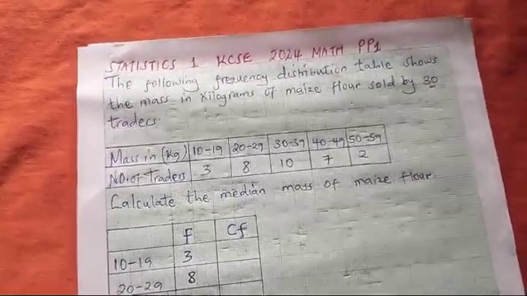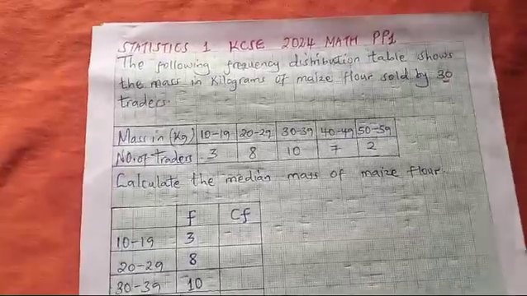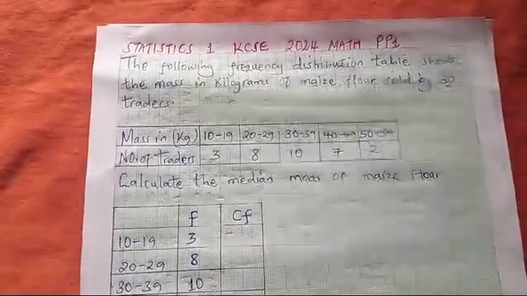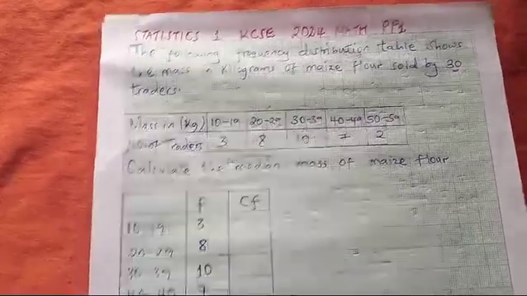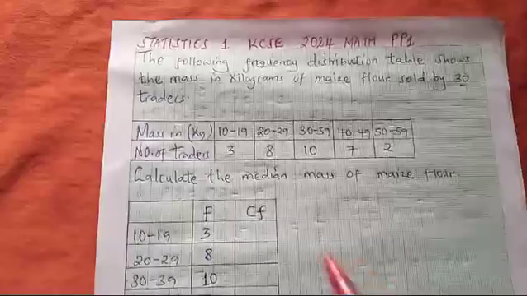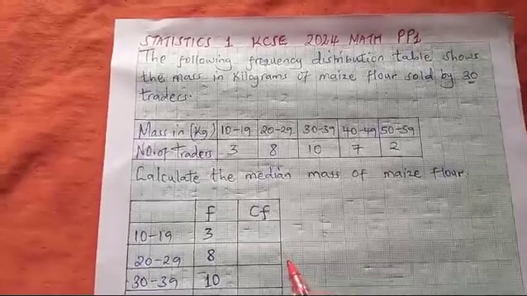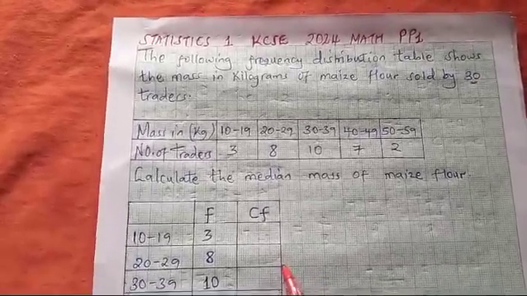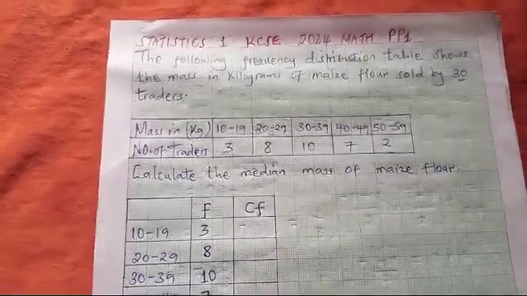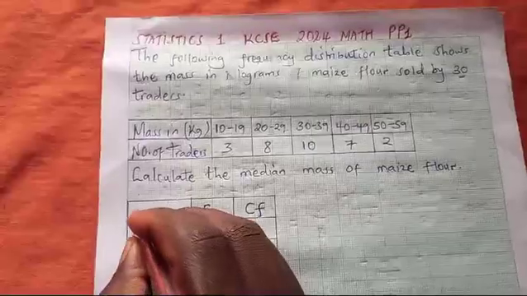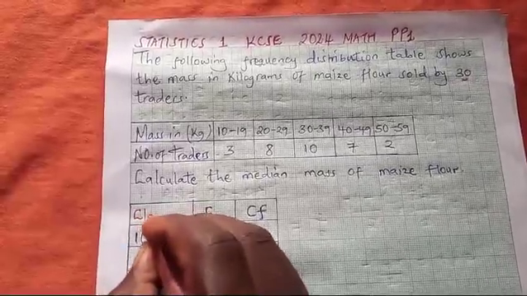In this case, we are supposed to calculate the median mass of maize flour. For us to work out the median, we need to have a table, and in this table we need to have our mass, or we can call this column the class.